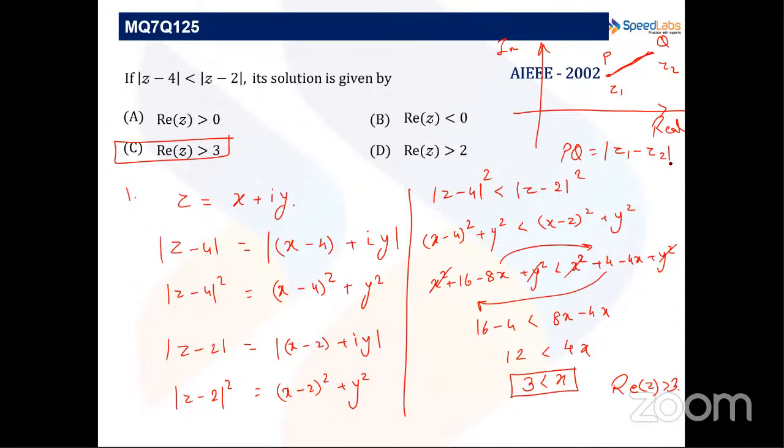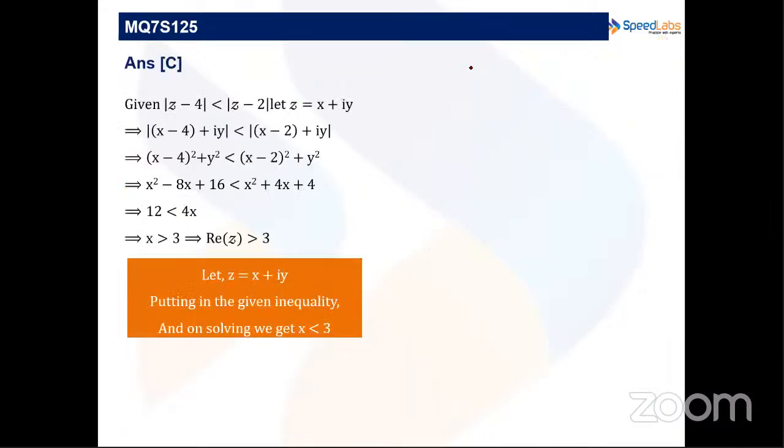Now here, in place of Z1 we are having 4 plus 0i, and in place of Z2 we are having 2 plus 0i. So we are having this point 2 comma 0 and this point 4 comma 0.